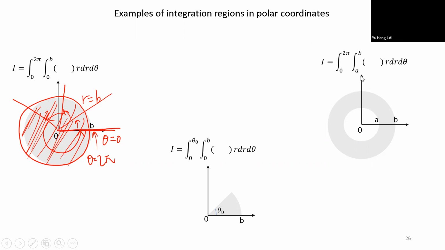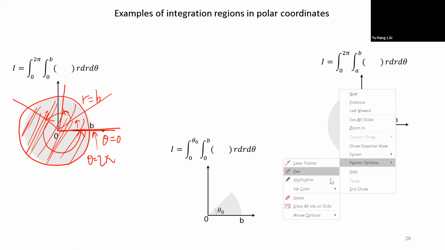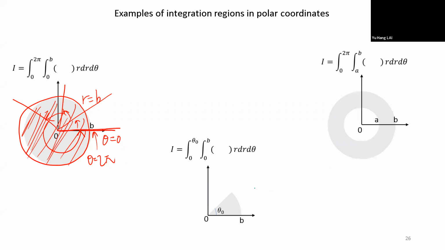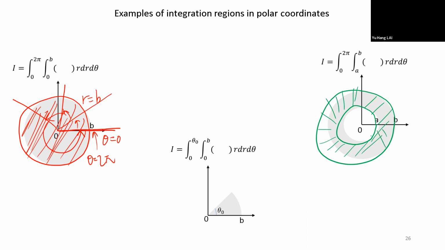Now if I want to consider this case here, I no longer have 0 to b, but I'm going from a to b. So r equals a is a smaller circle. Suppose a is smaller than b. Then I draw two circles, one is this, and the other is a bigger one. So from a to b, that means I am considering the region bounded by the two concentric circles.